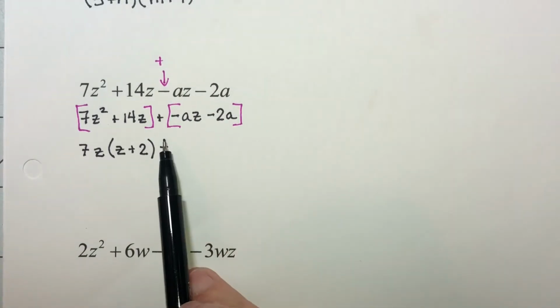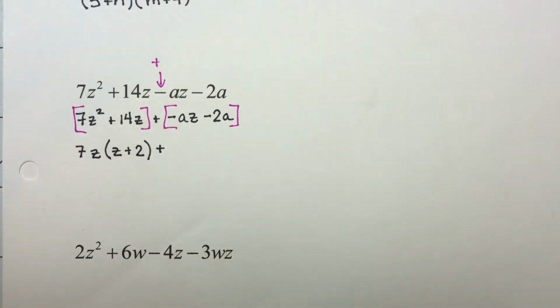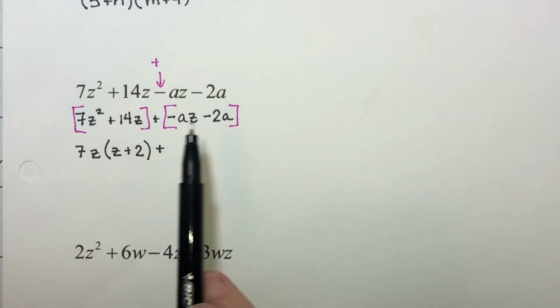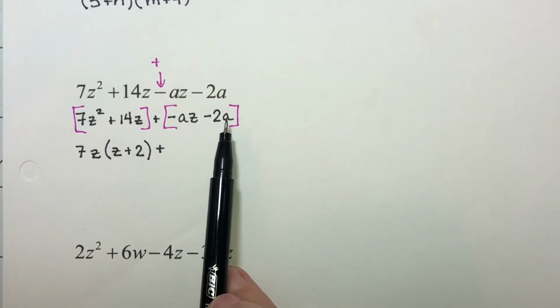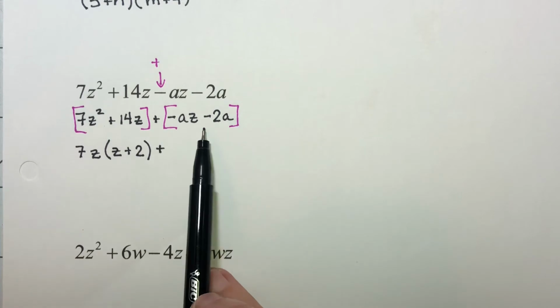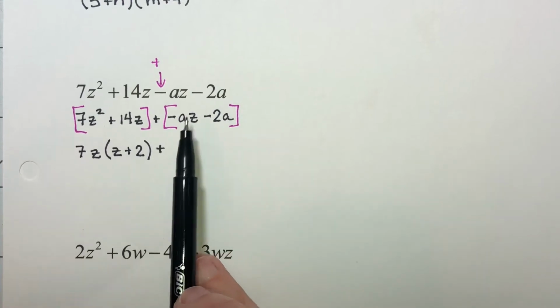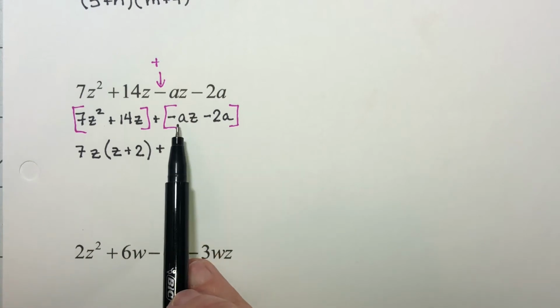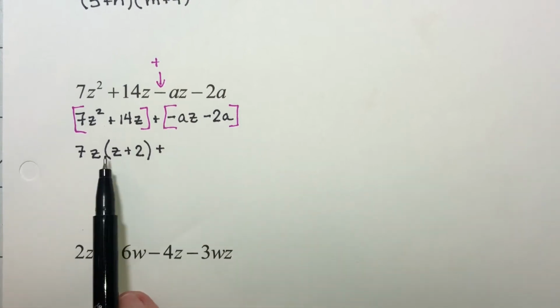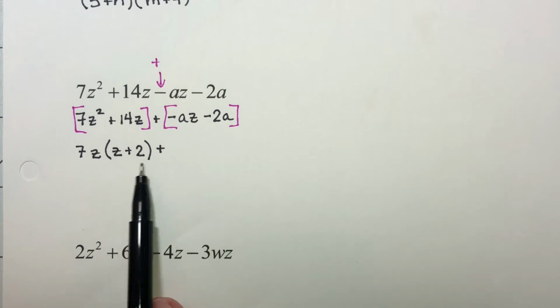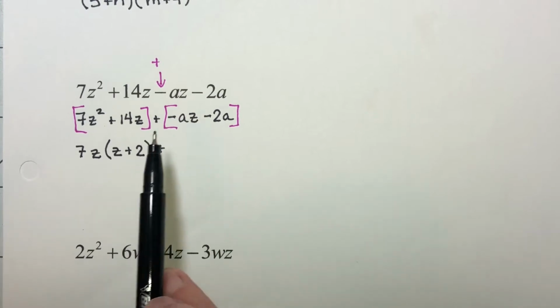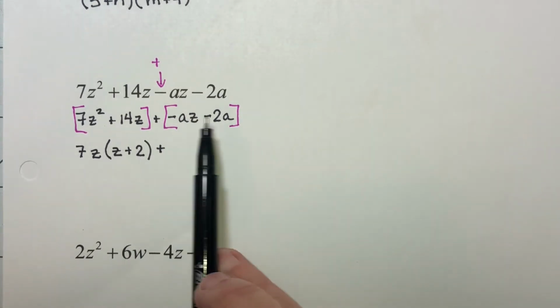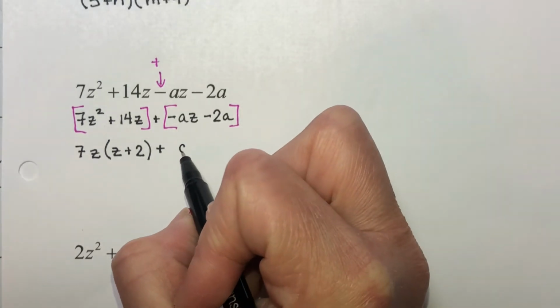Okay, so let's look at this one. Remember when we talked about GCF on the very first page of these notes? We said that you always have the option of factoring out a negative version. We might need to factor out a positive. We might need to factor out a negative. And our goal is to make sure that we match this. So I look at this and I have an A in both of them.